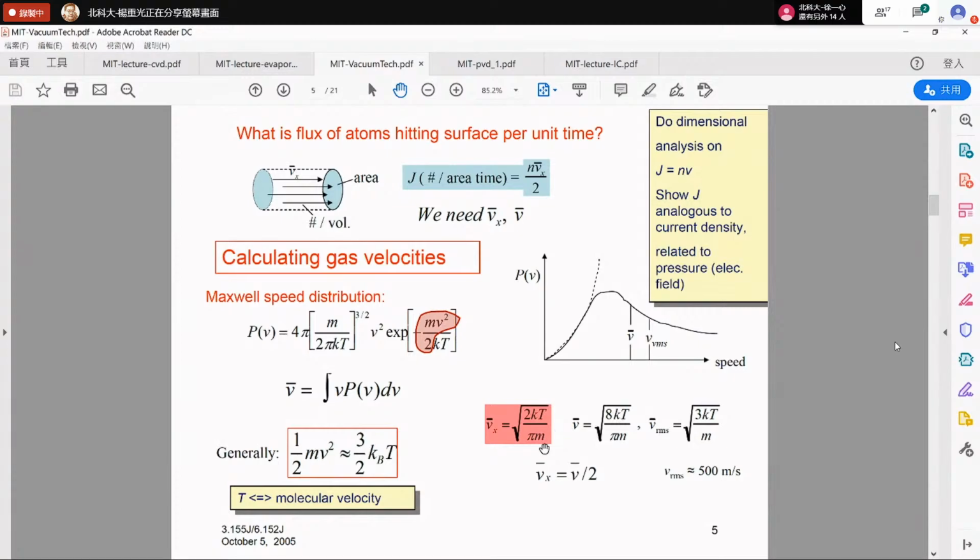And for the mean velocity v, it is 8kT divided by pi m. And for the v root mean square, it is 3kT divided by m, that is your velocity.